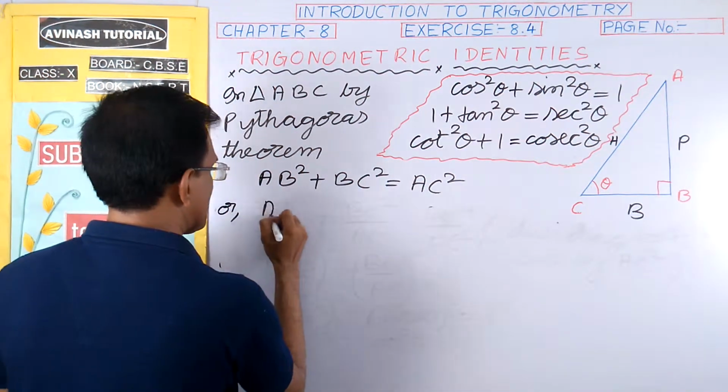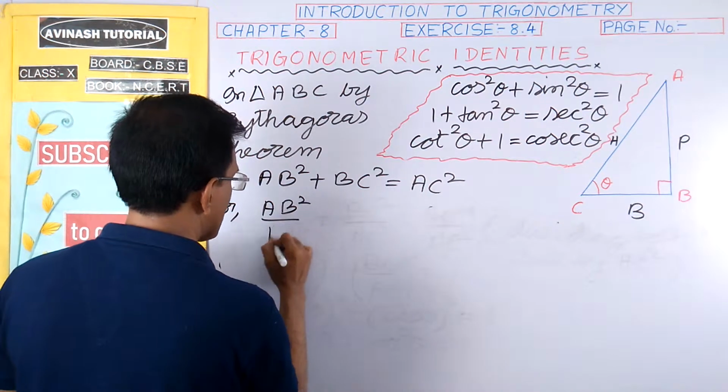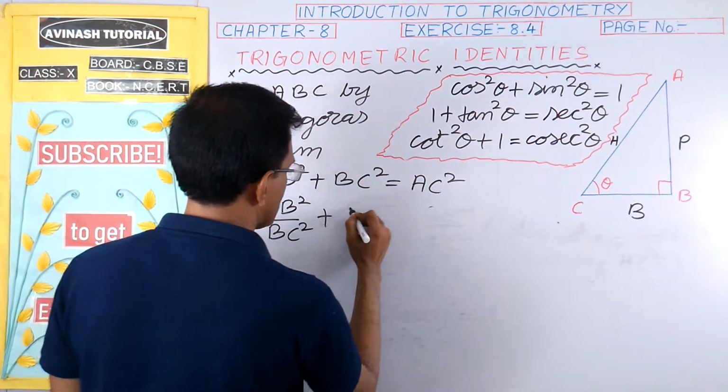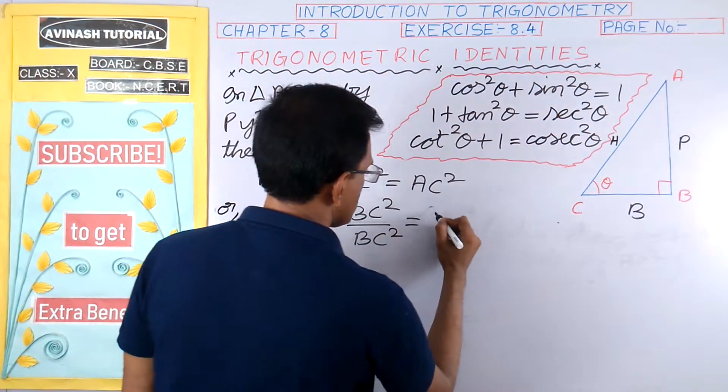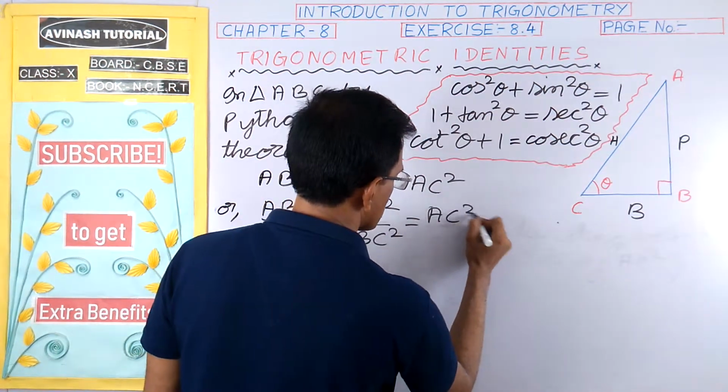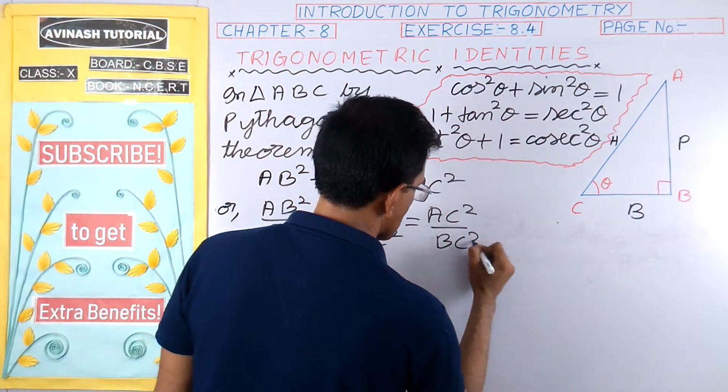So AB square by BC square plus BC square by BC square is equal to AC square by BC square.